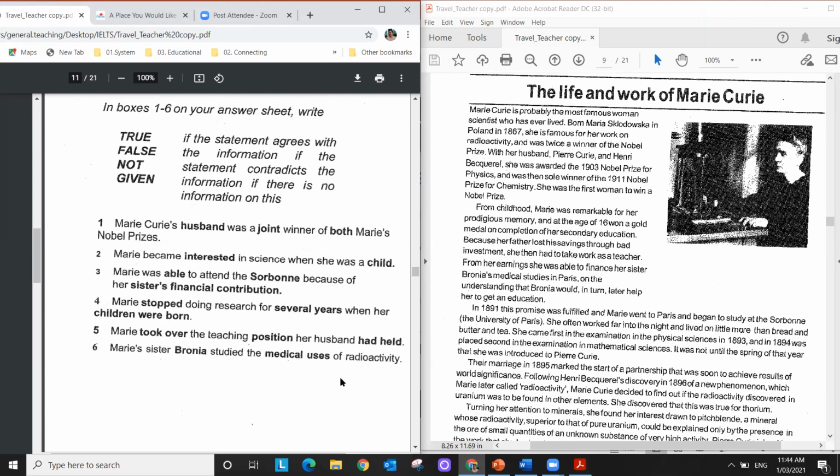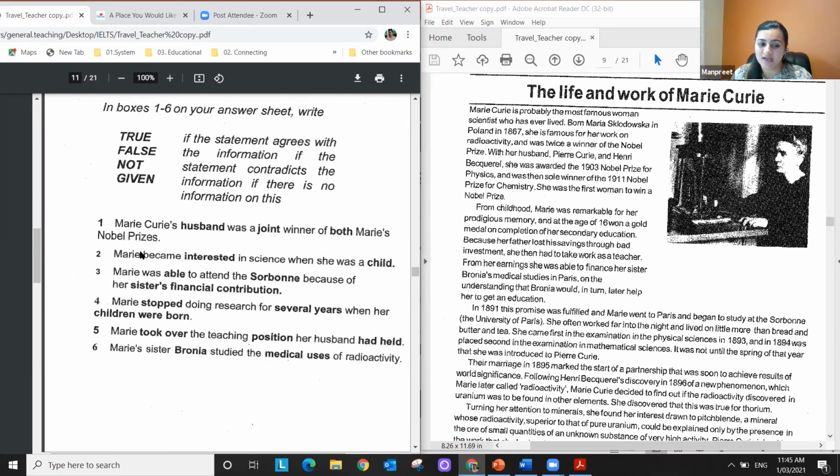Sure. Should I translate now and tell you? Yep. So it says that from childhood, she was interested in science or not. Okay. Yeah. All right.